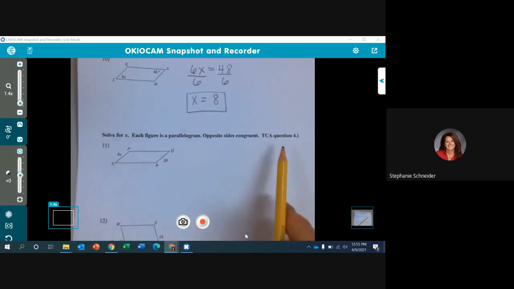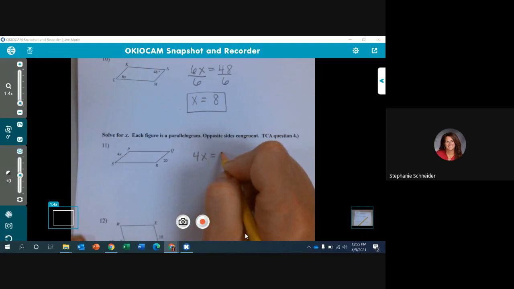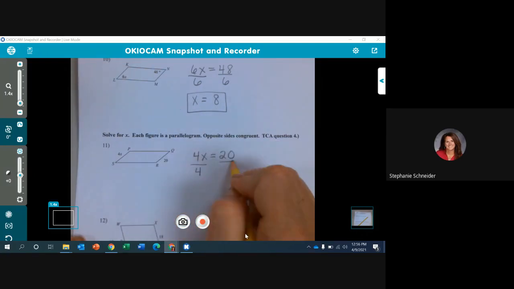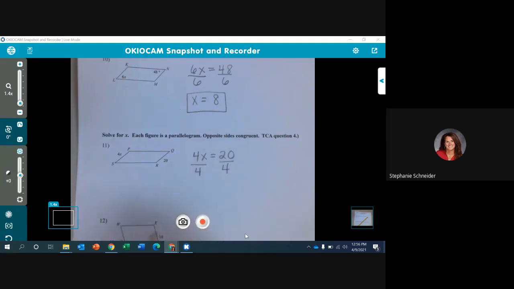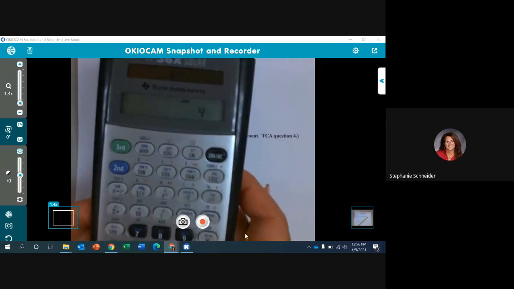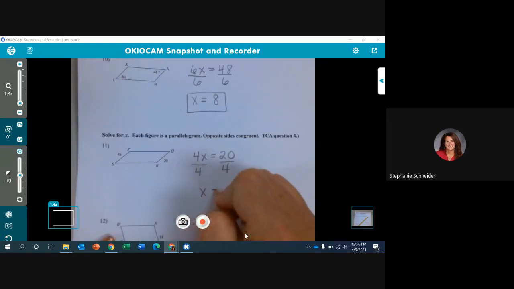So again, these next 3 questions are going to have to do with the TCA question 4. So again, 4x is going to be congruent or equal to 20. Divide both sides by 4, and then 20 divided by 4 is equal to 5. X equals 5.